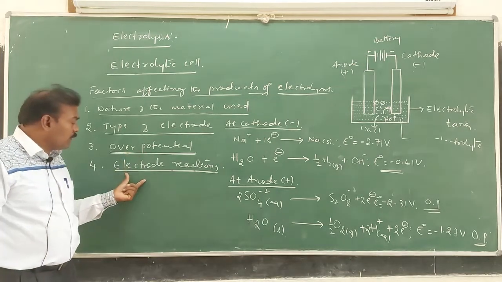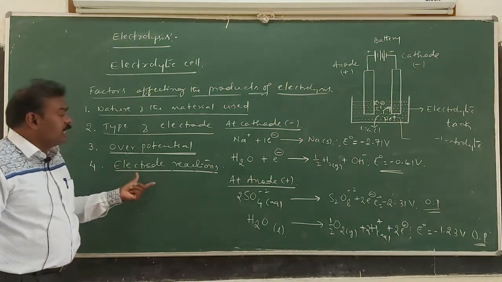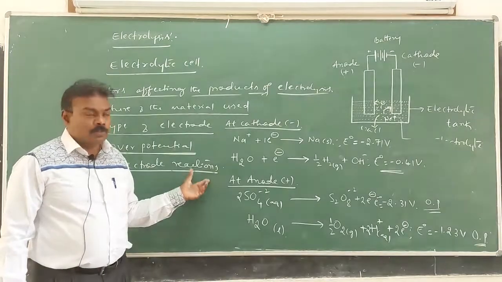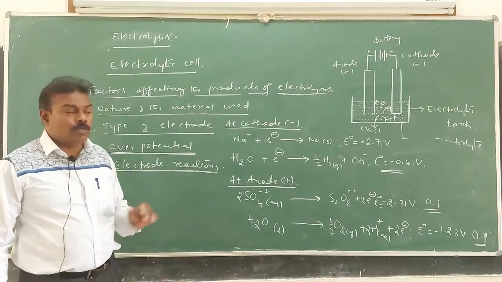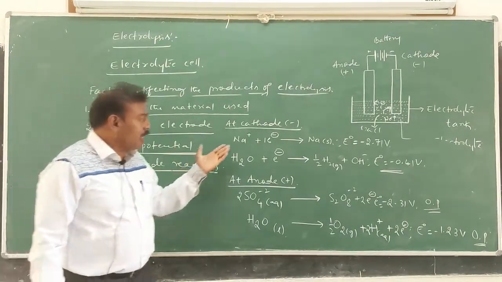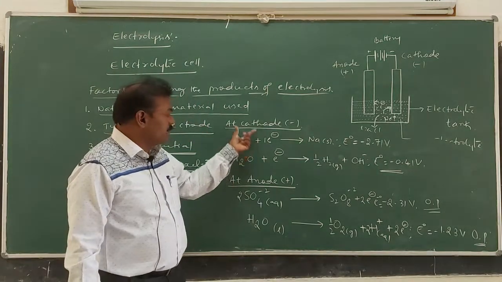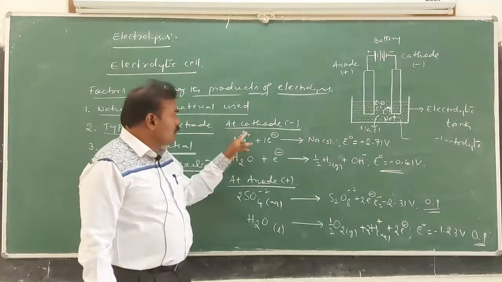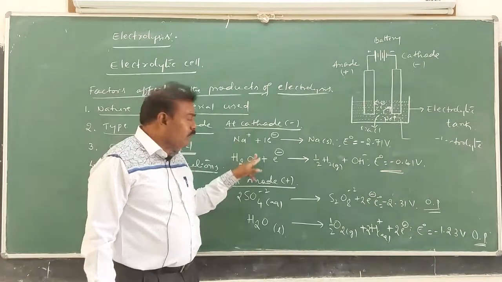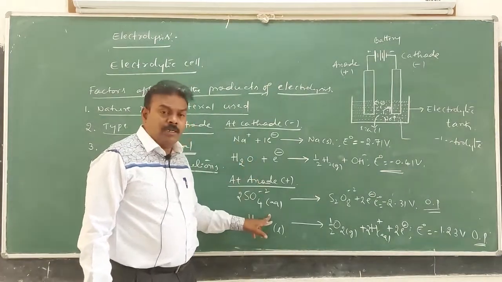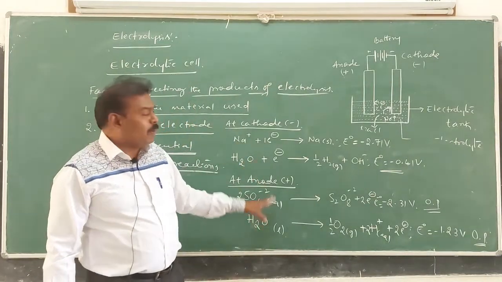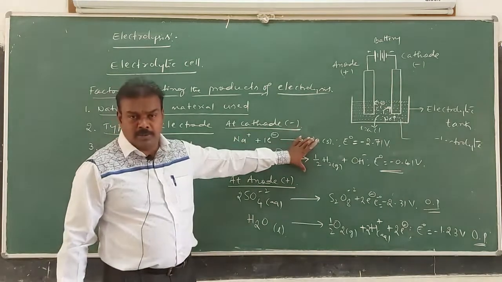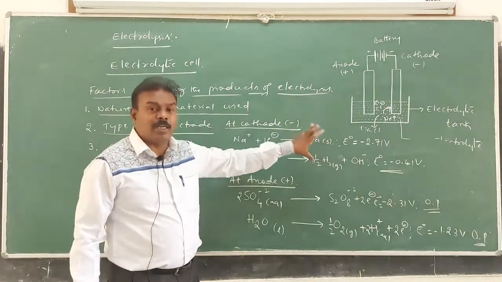Next, one more factor is called electrode reactions. The products formed during the electrolysis process also depend on the electrode reaction. On the cathode, reduction takes place, and on the anode, oxidation takes place. Among the two possible reductions, the one having a high reduction potential will take place.